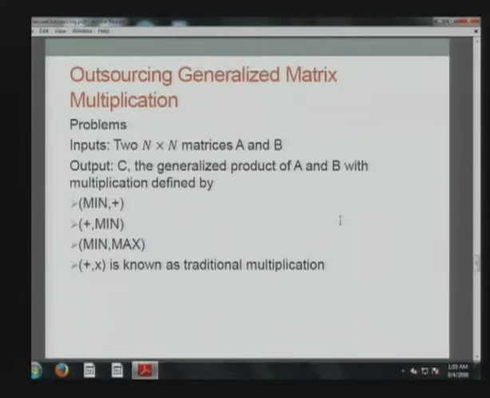In our generalized product, we just modify the definition of the inner product. For each inner product of two vectors, the min plus inner product is the minimum of the sum of each aligned pair. And similarly, you can define the other two.